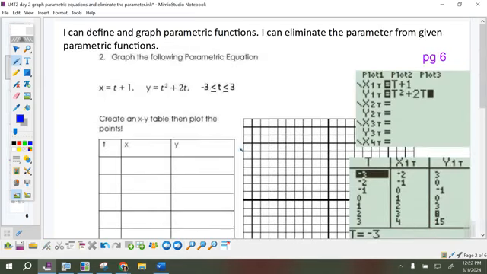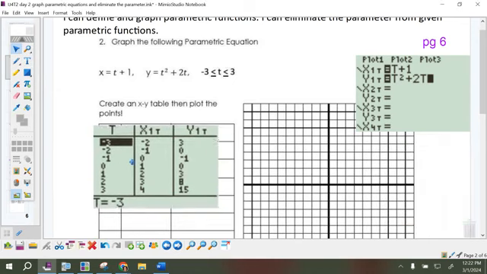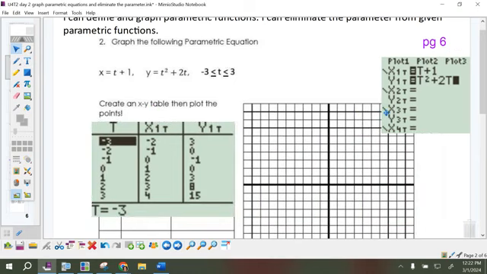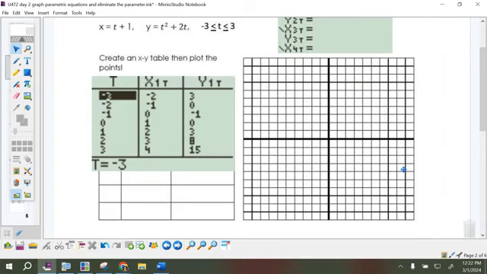All right, let's do that again on page 6. Pause the video. See if you can get your calculator to give you these values for the table. So now I'm going to graph them. Oh, again with the 15.